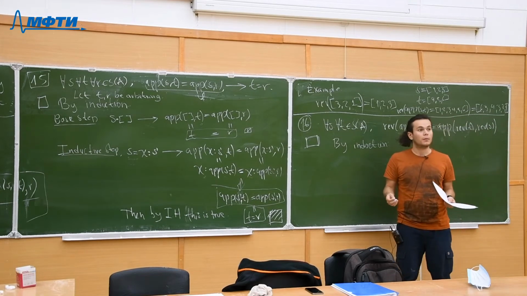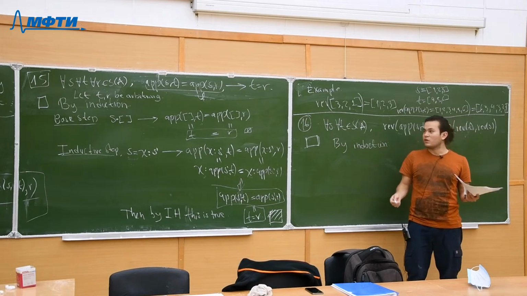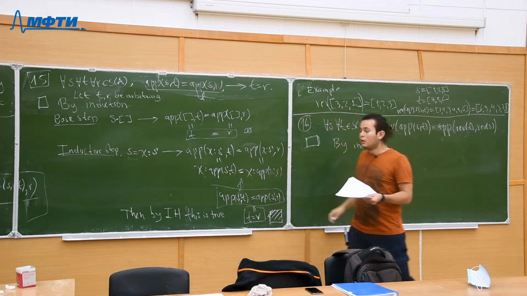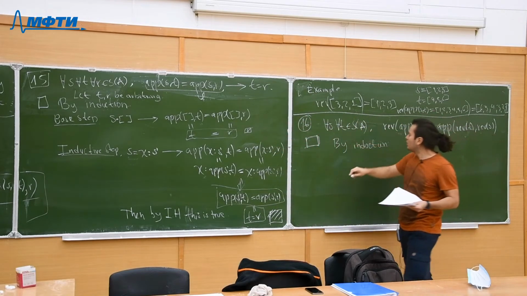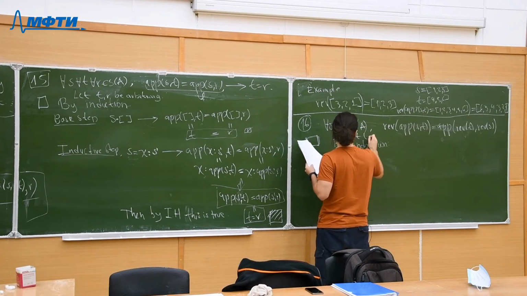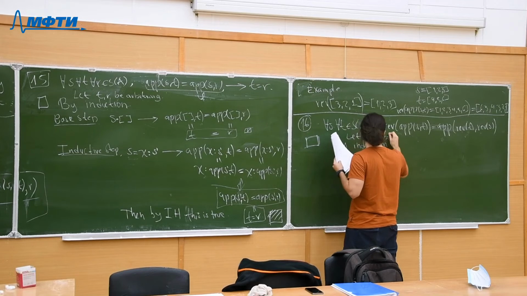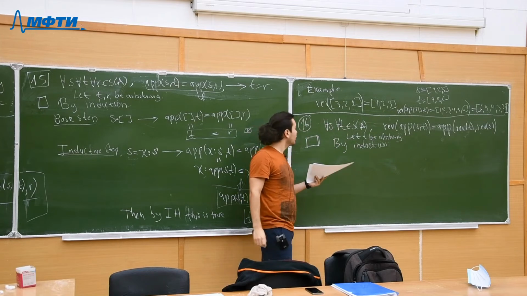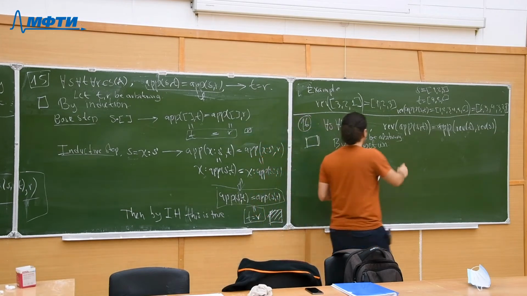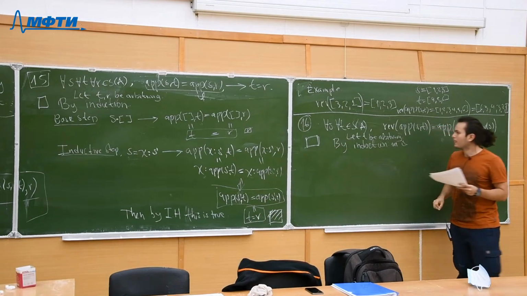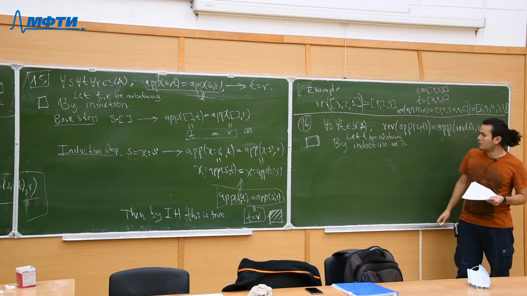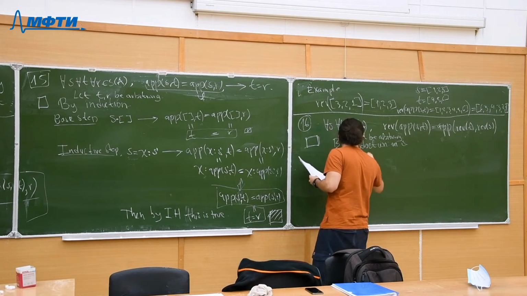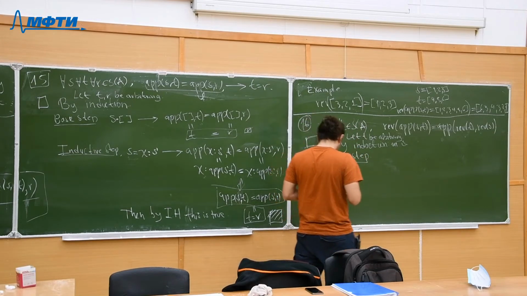Yes, the same that we did here. So we said let T be arbitrary, so any string, and then we are going to apply induction on S, on the string S. So the base step is what?